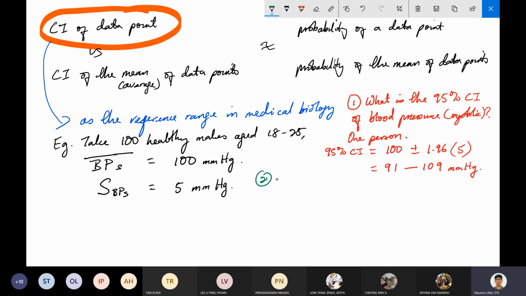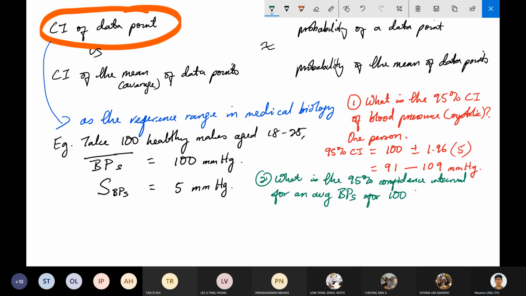So the second type of question is, what is the 95% confidence interval for an average systolic blood pressure for, let's say, 100 healthy males?